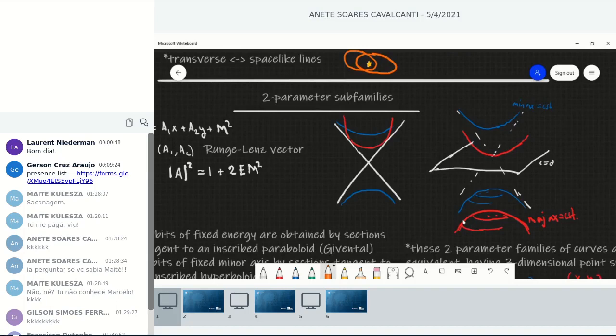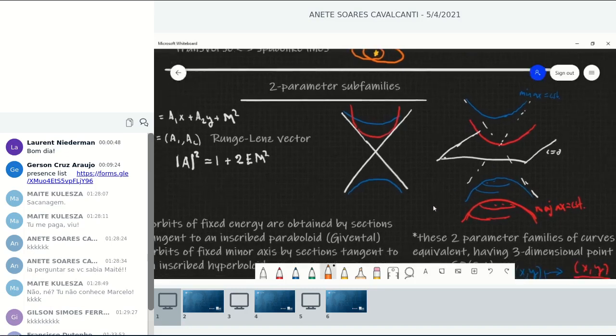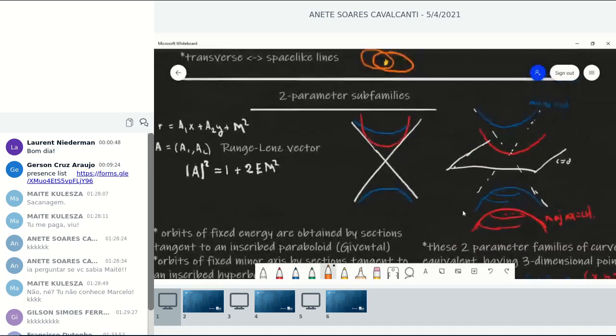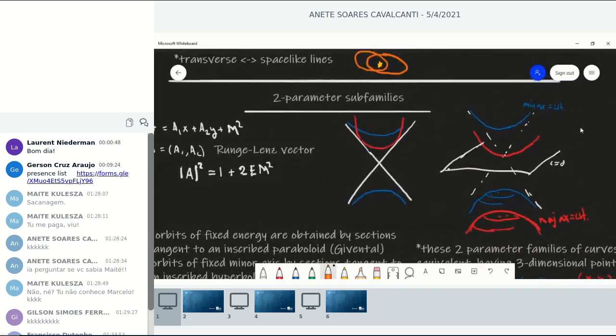You get both signs of the energy at the same time. The branch down here, contained entirely in the light cone, are the negative energy orbits. The one up here are the positive energy, hyperbolic orbits. They have the same value of energy, just with the sign flipped.